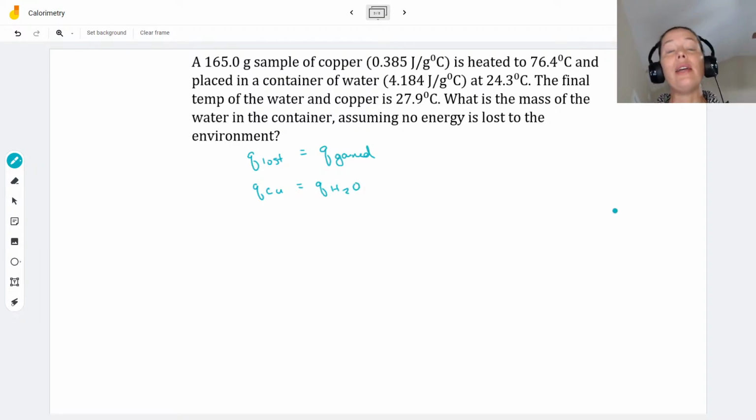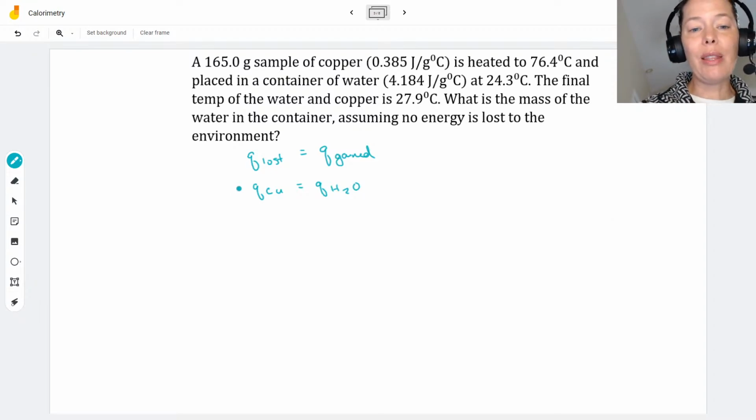Now, here is where we need to take into account heat lost versus heat gained, exothermic versus endothermic. Because the copper is losing heat, and the water is gaining the heat, one of these needs to be a negative sign. Now, it doesn't matter which one you make negative. I tend to make the metals negative, and I tend to write them on the left-hand side.